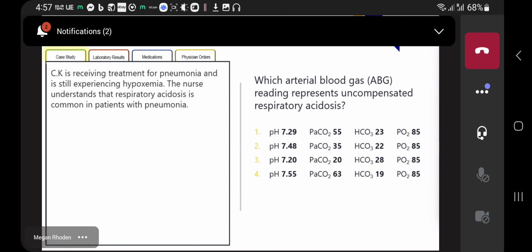Number 3, a pH of 7.2, a PaCO2 of 20, an HCO3 of 28, and a PO2 of 85? Or number 4, a pH of 7.55, a PaCO2 of 63, an HCO3 of 19, and a PO2 of 85? So 2 minutes on the clock. Which of these represents uncompensated respiratory acidosis?